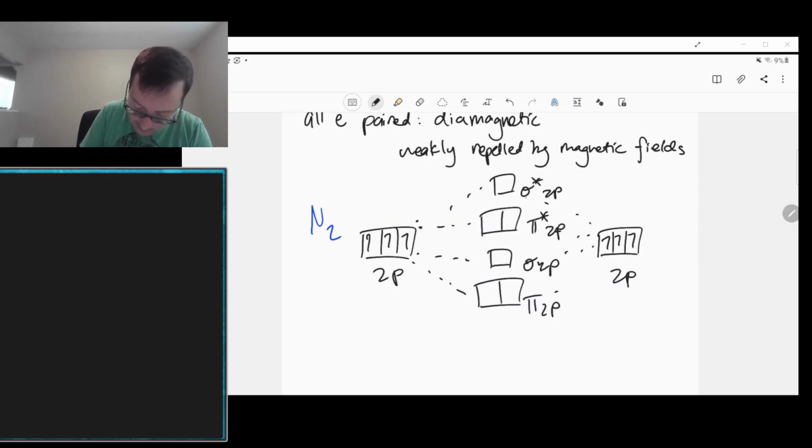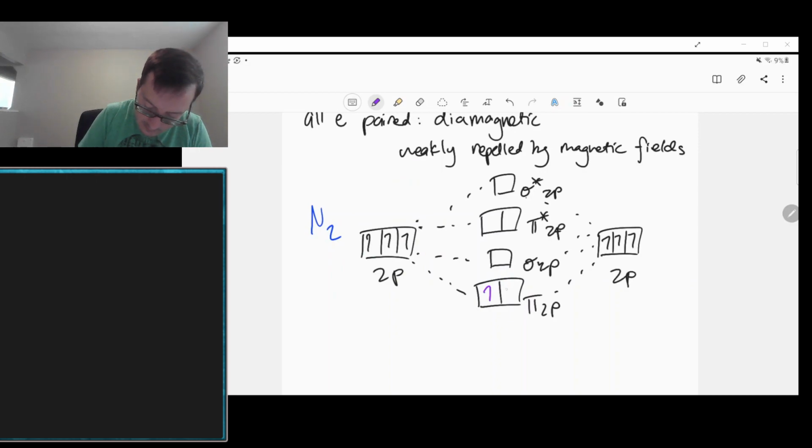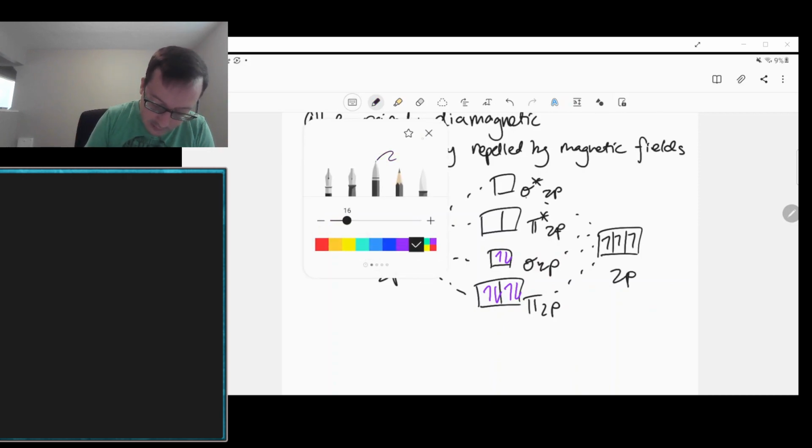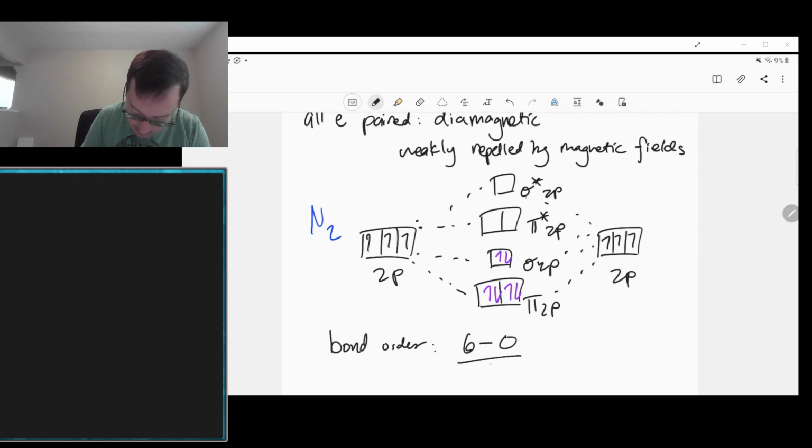Okay, so if we're going to fill this out, 1, 2, 3, 4, 5, 6, we're going to see that the bond order of N2 would be 6 minus 0 over 2, which is 3, which tells us triple bond.